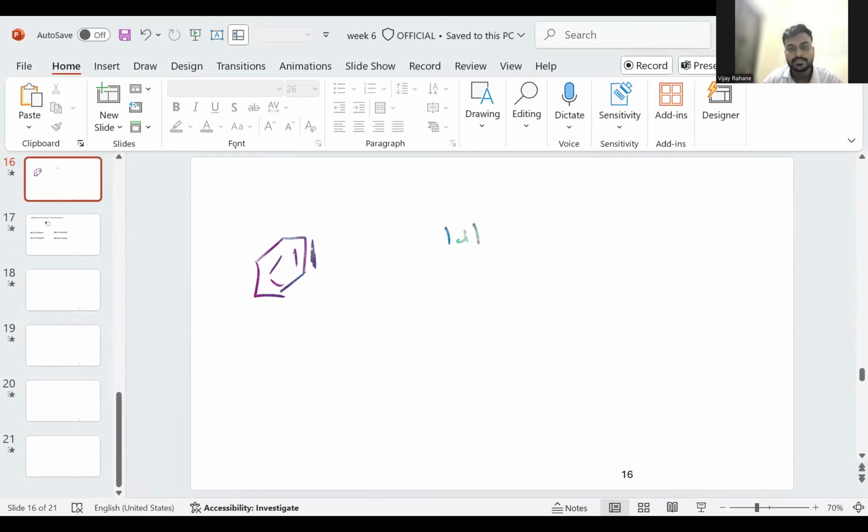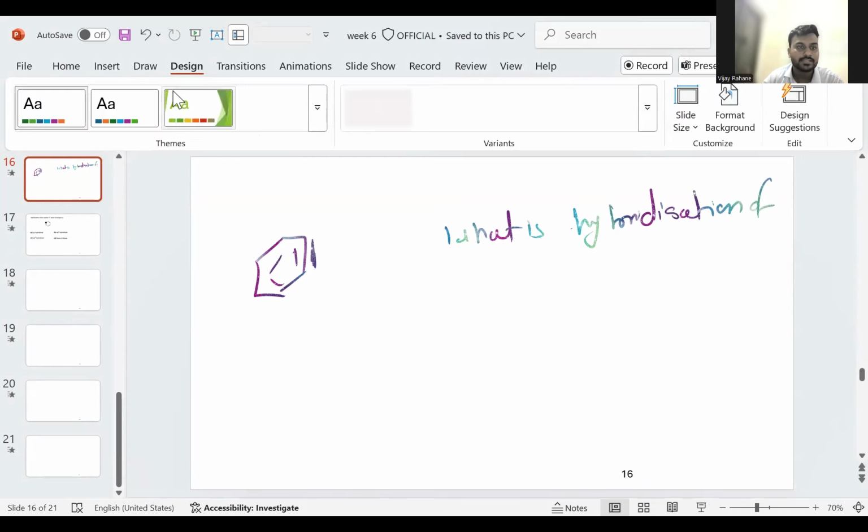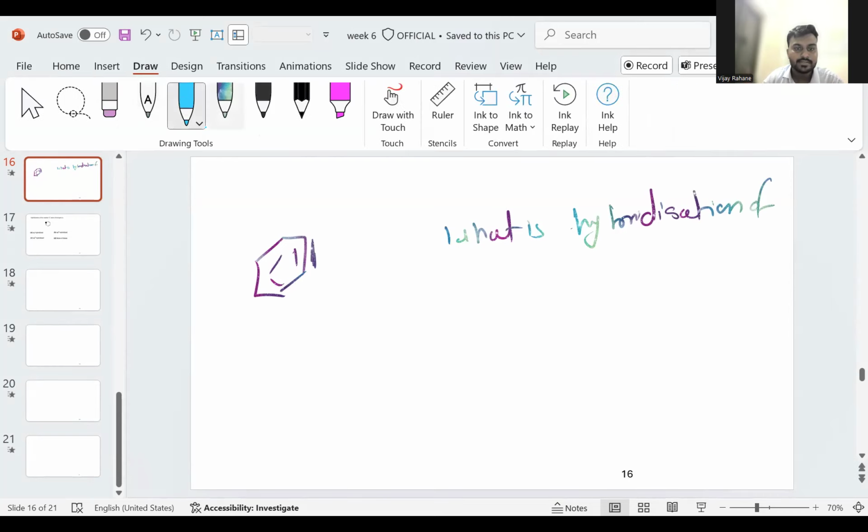So what is the hybridization of this carbon? Particularly, I will highlight which carbon I am referring to. So these carbons, this is the carbon, and these are the two carbons, right? So what is the hybridization for this carbon? Because you know in the benzene, these carbons are sp2 hybridized.